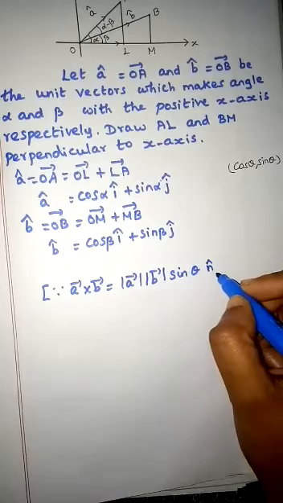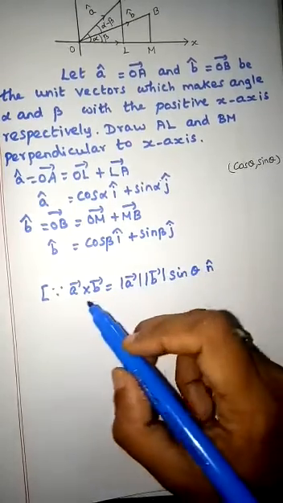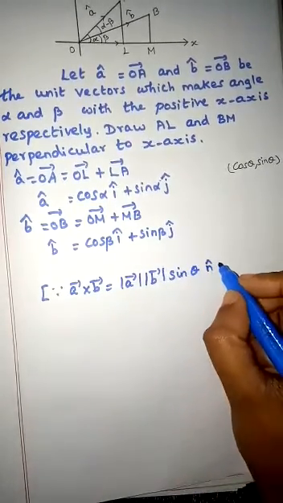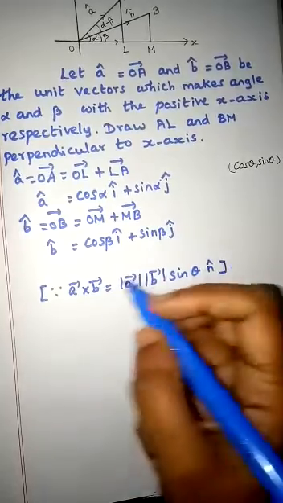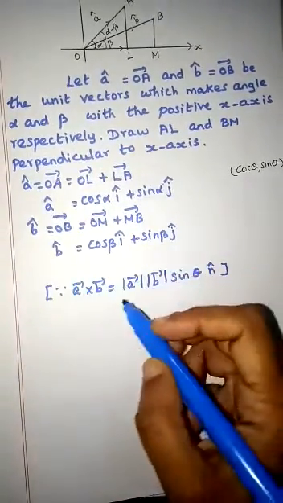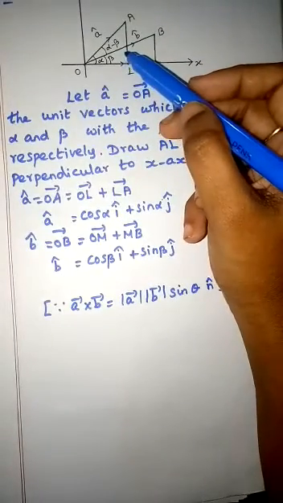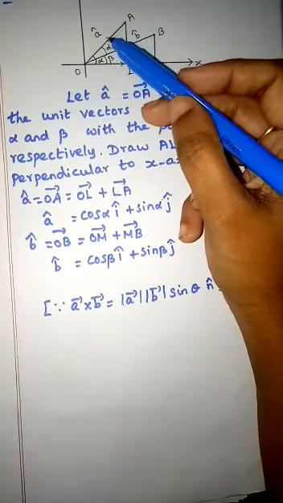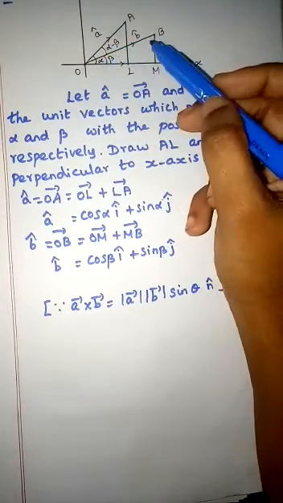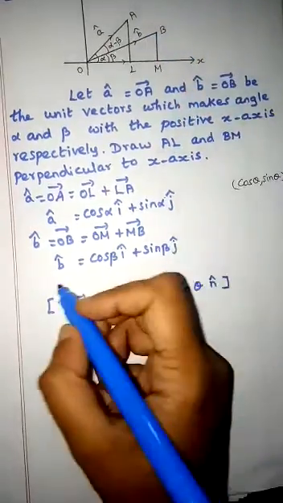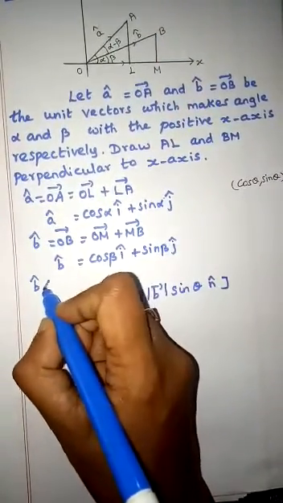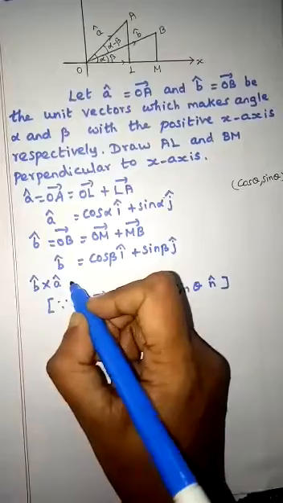N cap is the unit vector perpendicular to both A vector and B vector. So I am writing here B vector cross A vector, because the angle should be measured in anti-clockwise direction, and B cap is coming first. So B cap cross A cap.